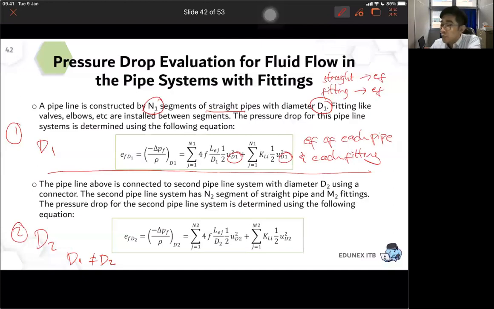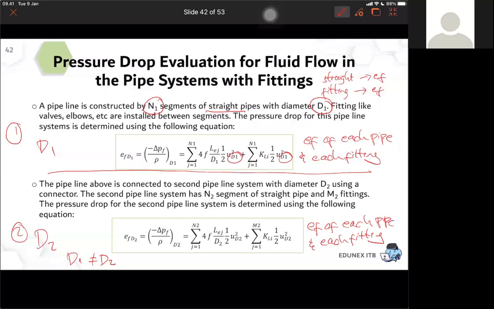So you need to calculate the EF of each segment first. The EF of each segment will be the total of the EF of each pipe and each fitting. Same for the second segment. So it will be the sum of all the EF.